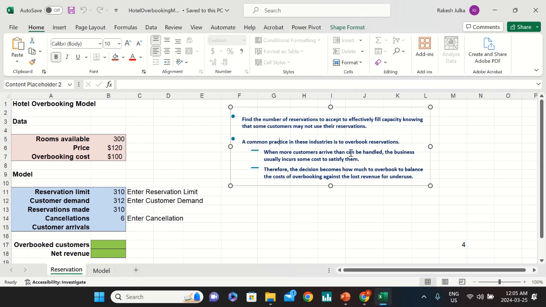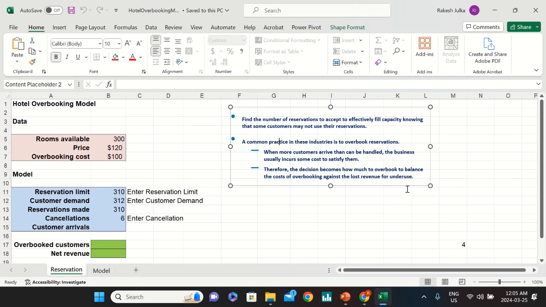When more customers arrive than can be handled, the business usually incurs some cost to satisfy them, which is $100. Therefore, the decision becomes how much to overbook to balance the cost of overbooking against the lost revenue for underuse.